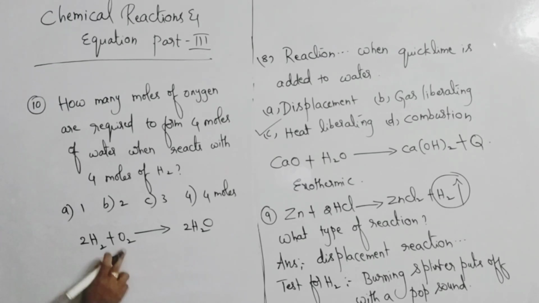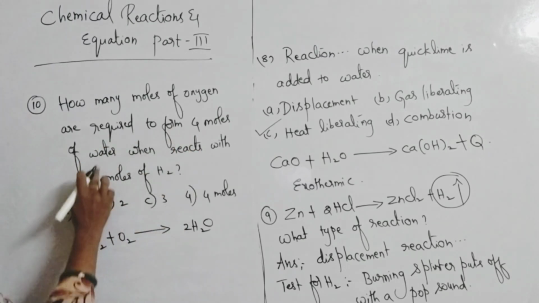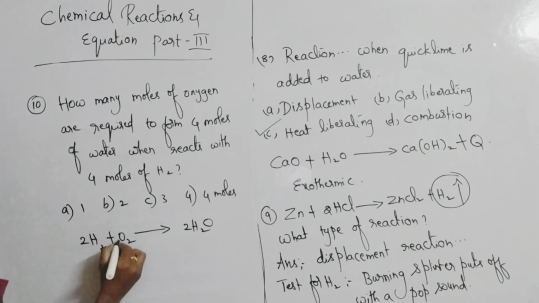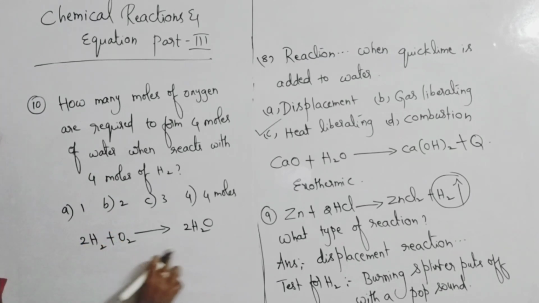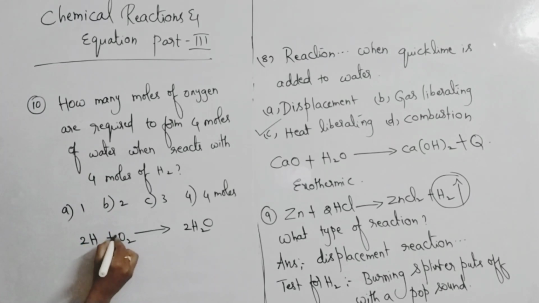So how many moles of oxygen are required to produce 4 moles of water? Here, check, this is a balanced equation. Where no number is there, you have to take 1.